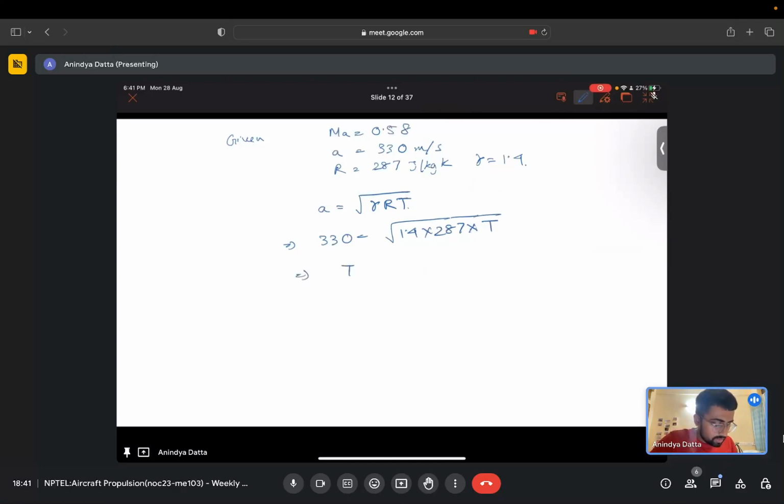Can anyone tell me what is the temperature you get from this? What is the value of this? This is our static temperature, like what we normally know as temperature.